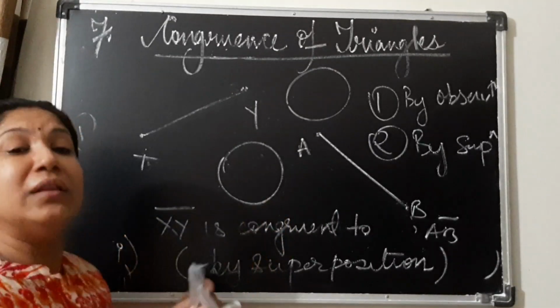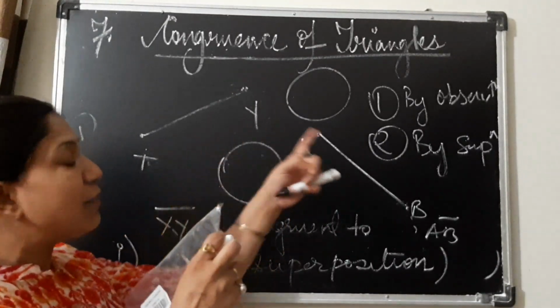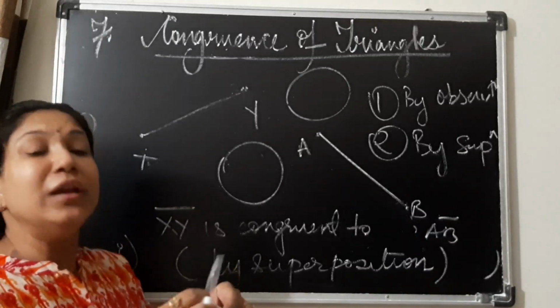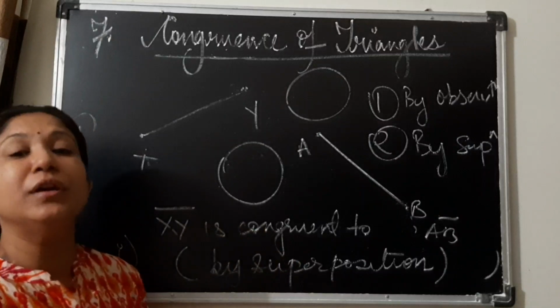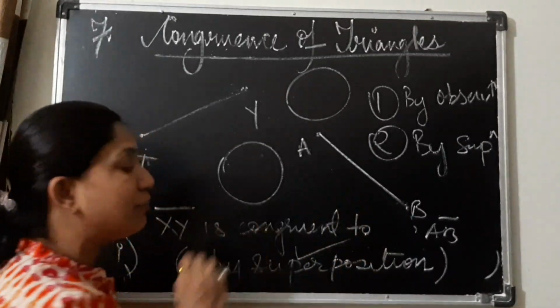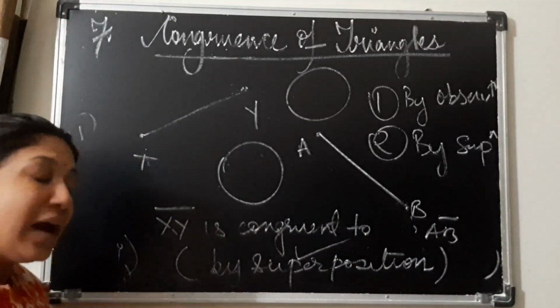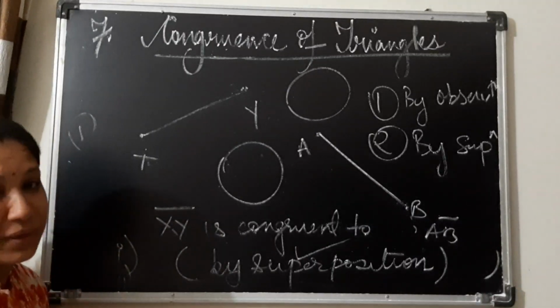Remember that when you take the tracing of one figure and place it over the other, how will you know after 2-3 days why you have written that they were congruent to each other? Because you have done it by the superposition method, and in that you have used the tracer copy method, correct?